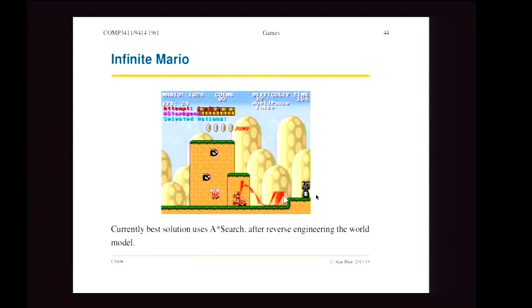And the best player for Infinite Mario actually uses a variant of A-star search. And these red lines, I'll show you a video later, indicate, if you chose certain actions, what you predict to be the future path of the agent. And on that basis, you make a choice.